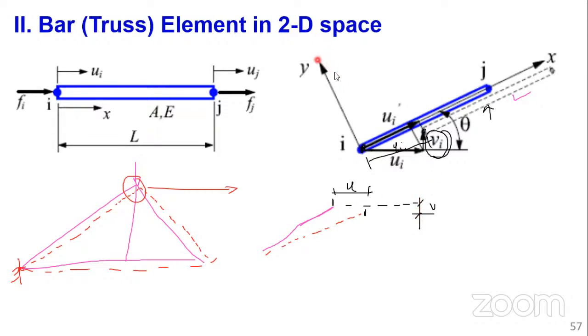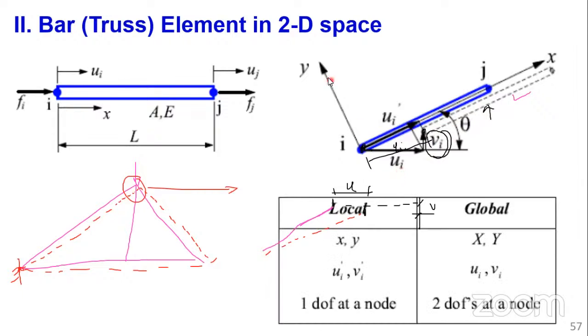But because we know a member or an element can only carry axial loading, in the local coordinate system we can only have a stretch. We don't have any vertical stretching of the member because the load is applied axially. So the deformation is only along the axis of the member.